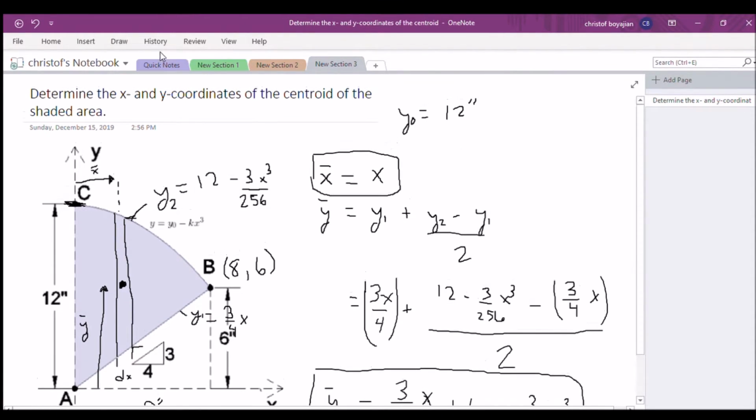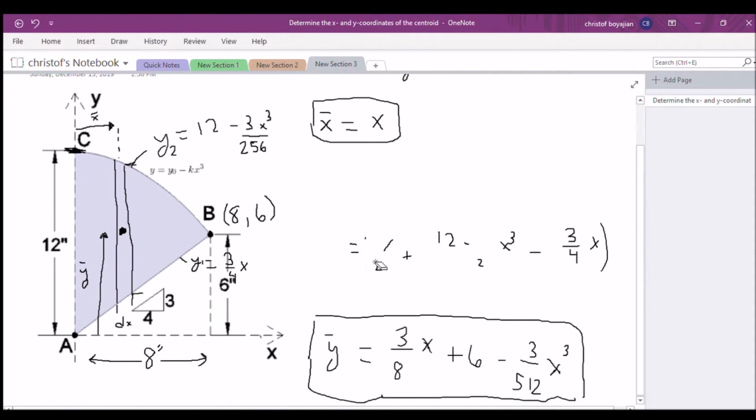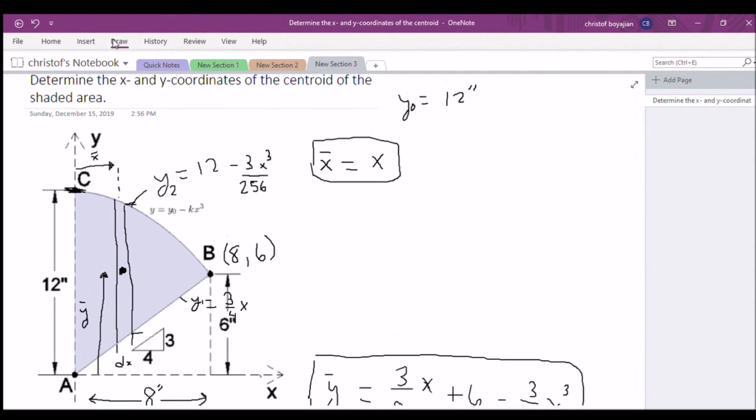Now, the last thing we need to know is our dA. What is our dA? Well, I'll erase this since we've already solved for y bar. Our dA is this. Remember, it's this distance, this height, times our thickness dx. So dA is this distance.